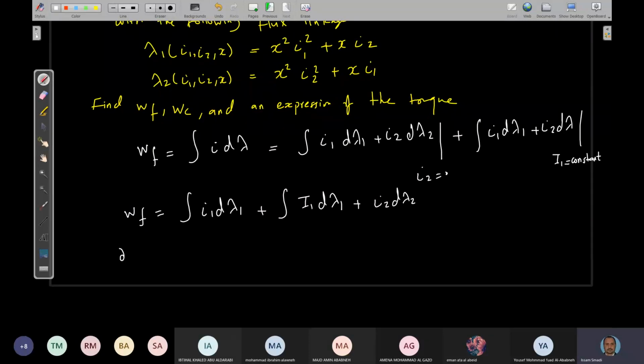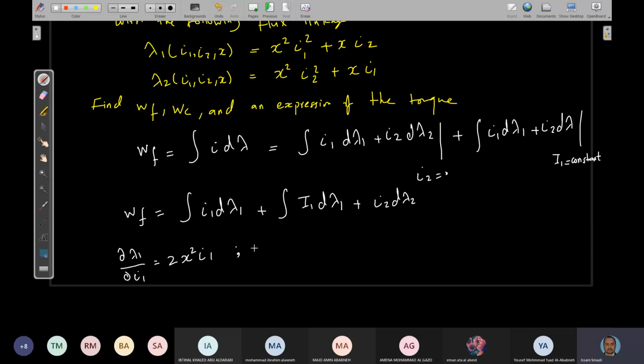Now, partial lambda 1 with respect to partial I1 is equal to what? This will equal x squared I1.